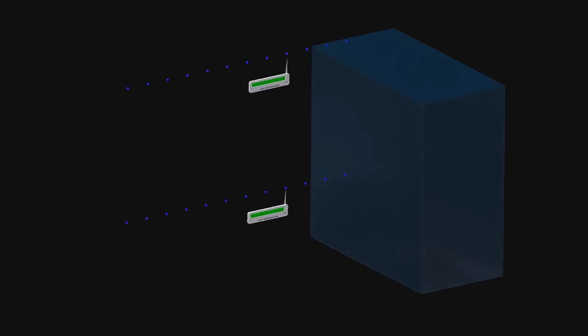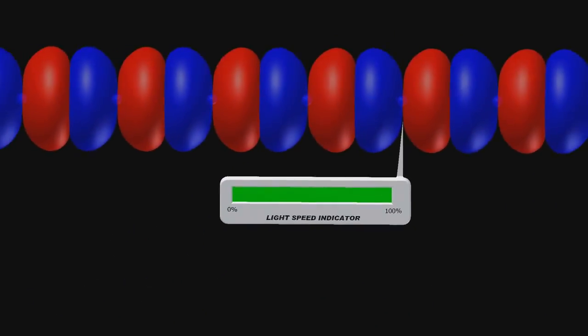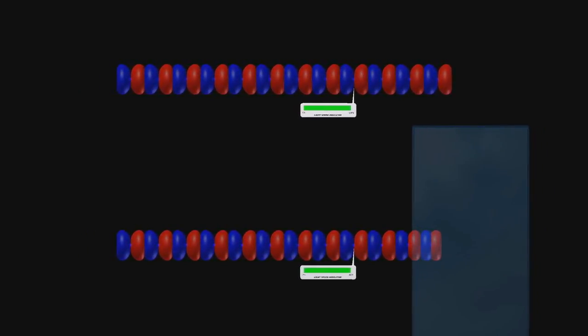Now we are going to have a race between two rows of photons. Only one row of photons is going to pass through the glass. Notice how the fields of the bottom row of photons are compressed as they encounter the glass.